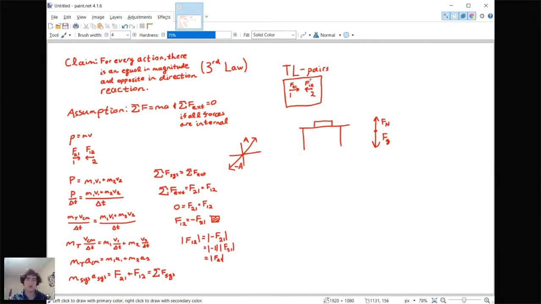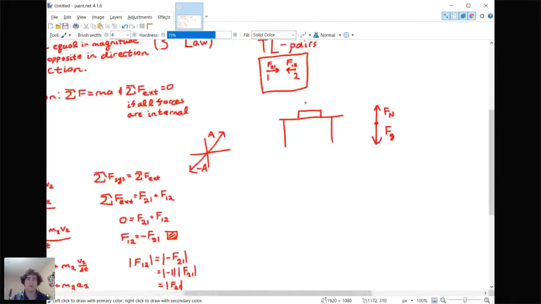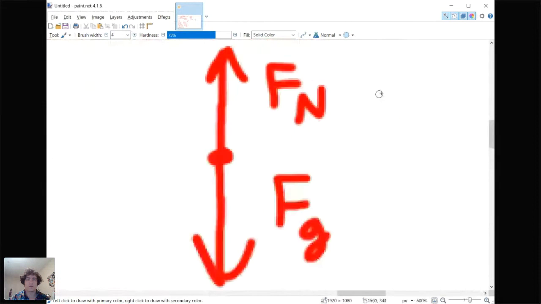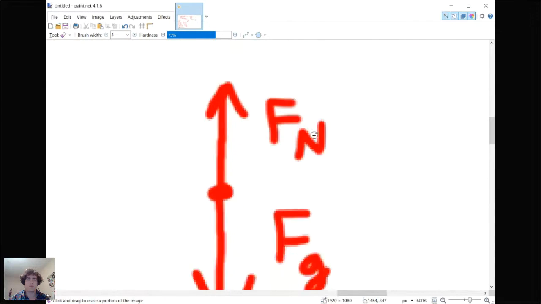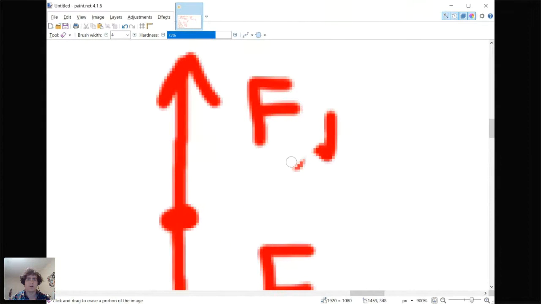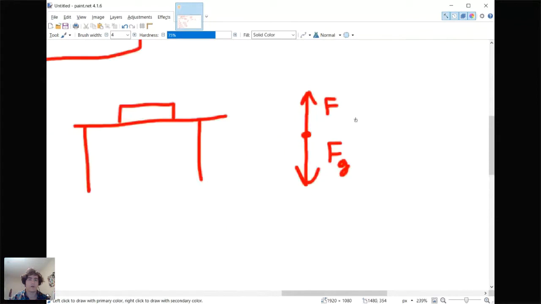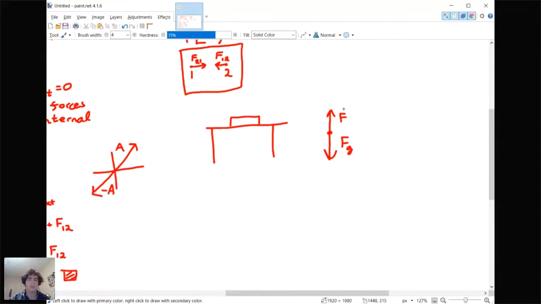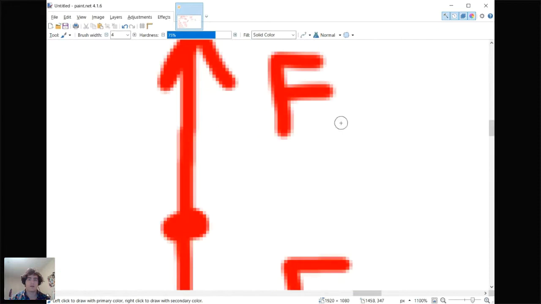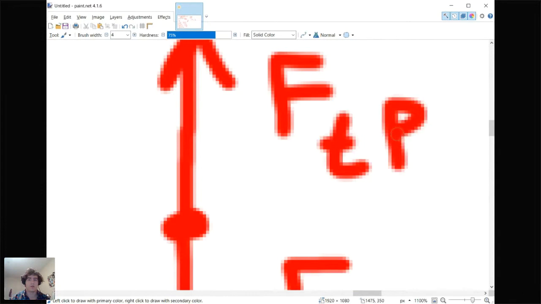But we're going to look at this a little differently. So we're going to rename this normal force as the force from the table acting on the book.